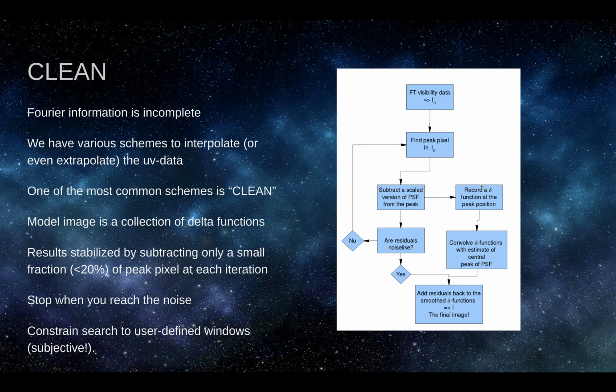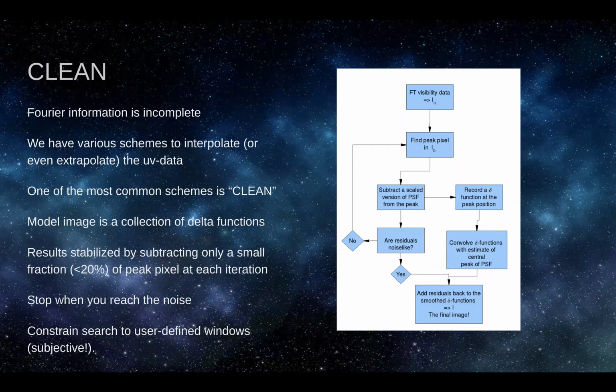Once again, it's actually not that complicated what it's doing, to be honest. But I think it's easier just to play with the real data, and you can get a feeling for what it's actually doing. So basically, you add more of these delta functions to the map, and you subtract them off the beam.